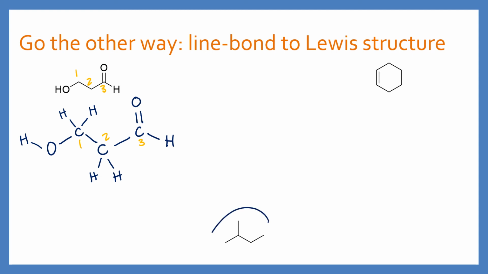Okay, let's look at this structure down here. So it has 1, 2, 3, 4 carbons in a row. And then it has another carbon coming off of carbon number 2. So all the rest of this is just filling out hydrogens. I know that I have to have 4 bonds total to each carbon.